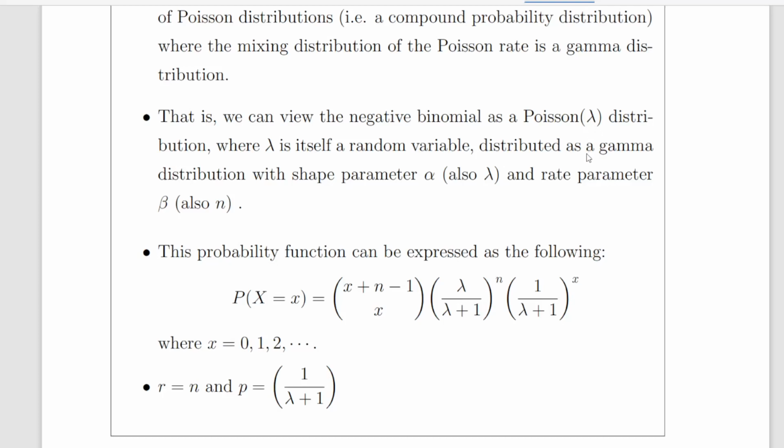It's distributed as a gamma distribution with a shape parameter alpha, also known as lambda, and beta, also known as n. Now, you notice that I'm being deliberately obtuse here, because the shape parameter of the gamma distribution is typically written in terms of shape parameter alpha and rate parameter beta, but I went for n and lambda particularly to be difficult, so that you pay attention to notation.